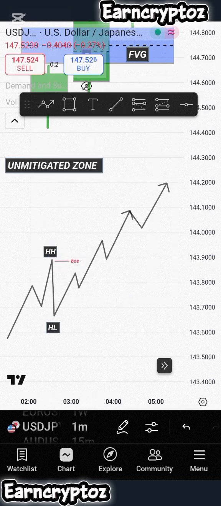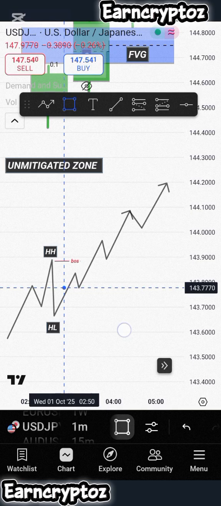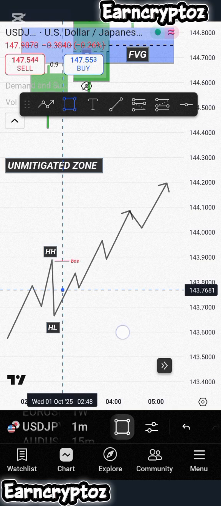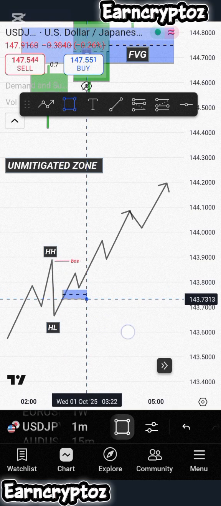for our POI. So let's say we have a break of structure, it is valid, and then let's say we have a fair value gap right here.